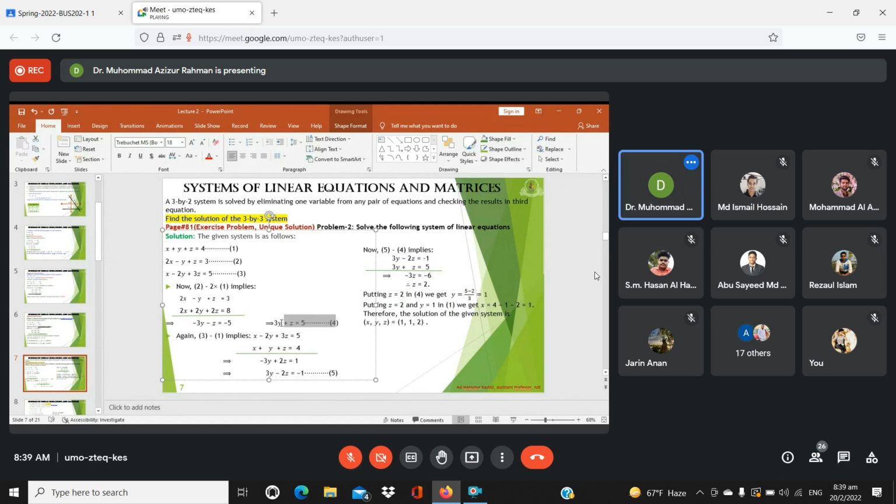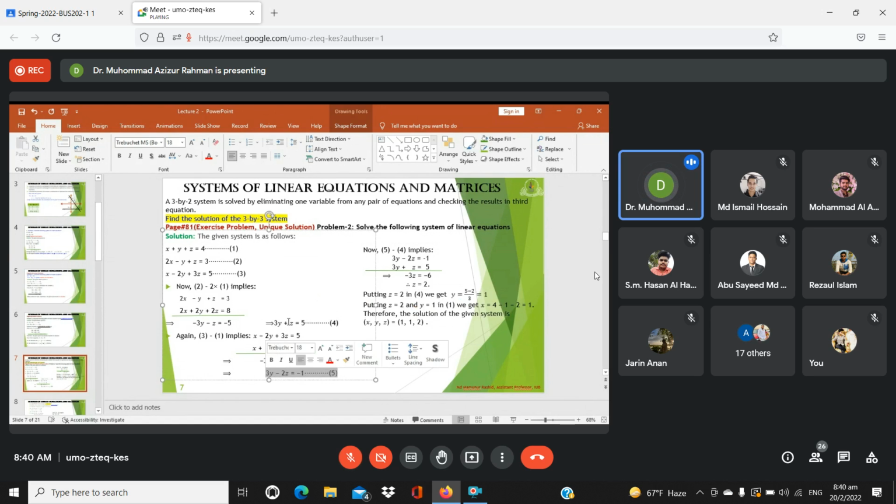From these two equations, you can easily eliminate another variable. Then you can get the value of one variable. If you find the value of one variable, you put it in any of these equations, and you will get the value of another variable, that is y.